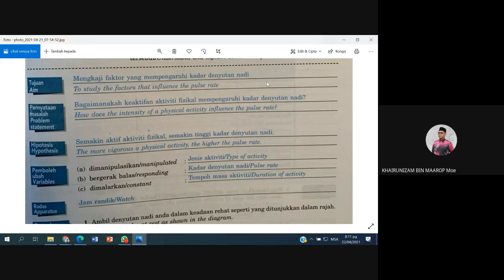Maybe you can do static running. The responding variable is your number of pulse rate. The constant variable is the duration of activity. Actually, you can do more time. And the apparatus you use in these activities is your watch.